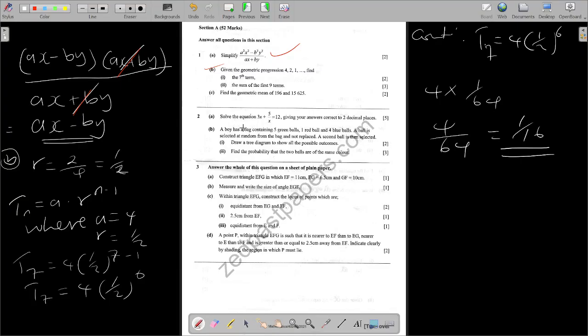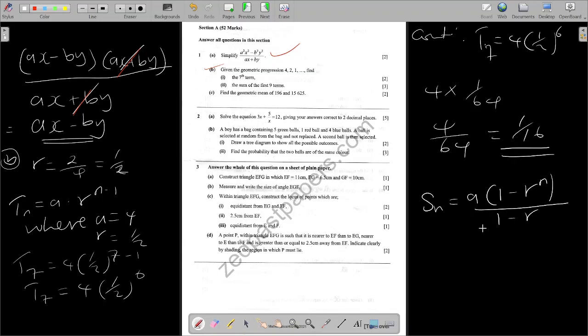The sum of the first n terms of a geometric progression is given by S n equals a times (1 minus r to the power n), divided by 1 minus r, where r is the common ratio and a is the first term.